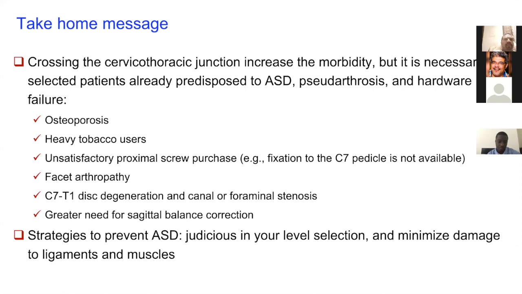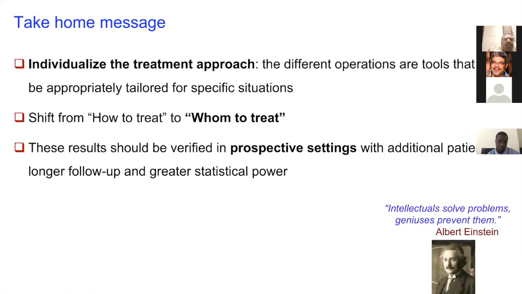So some strategies to prevent this problem are to choose your selection level correctly, and minimize the damage to the muscles and the ligaments. At the end, we need to individualize the treatment approach. It's not the same tools for all patients. And we need to shift from how to treat to whom to treat.